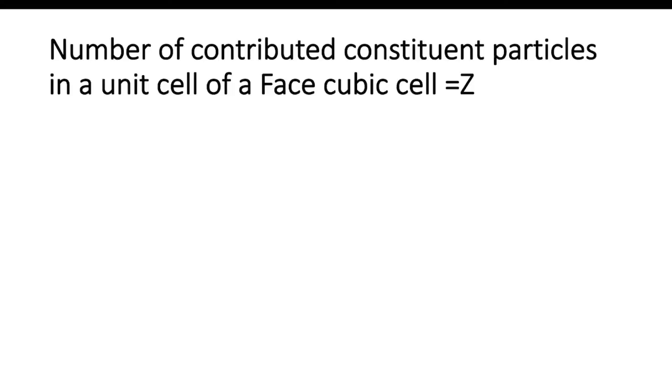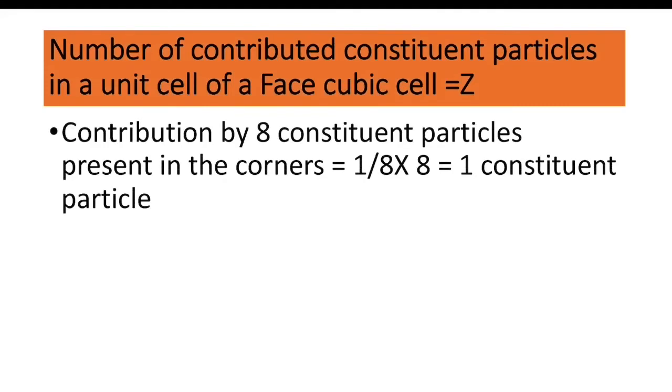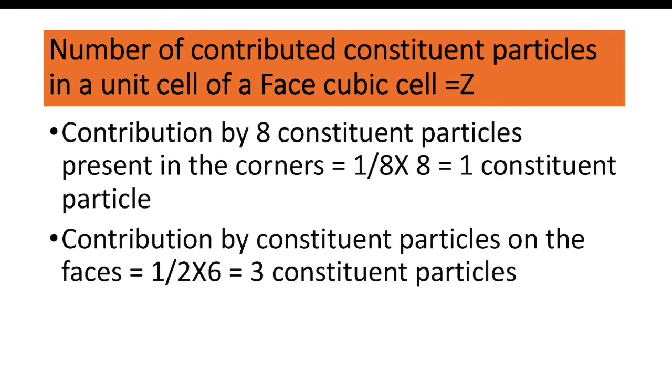The number of contributed constituent particles in a unit cell of face centered cubic is Z. Contribution by the 8 constituent particles in the corners is 1 by 8 into 8, that is 1 constituent particle. Contribution of the particles on the faces is half into 6 faces, that is 3 constituent particles. So the total is 3 plus 1, that is 4 constituent particles.